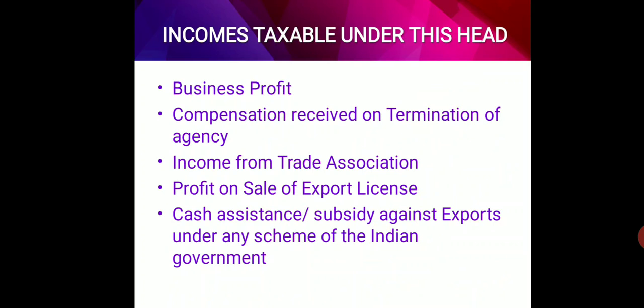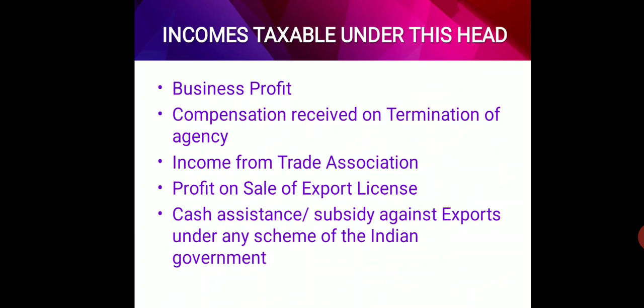Now we will discuss incomes which are taxable under this head, and if these incomes were not included in the P&L account, we will add them. These incomes are business profit, compensation received on termination of agency, income from trade association, profit on sale of export license, cash assistance or subsidy against exports under any scheme of Indian government.